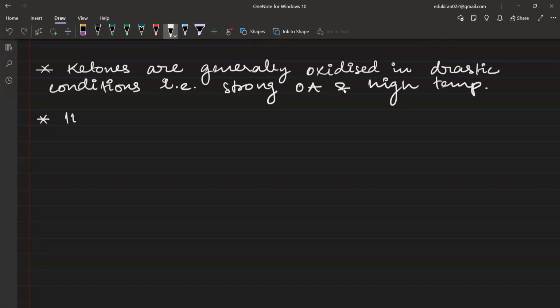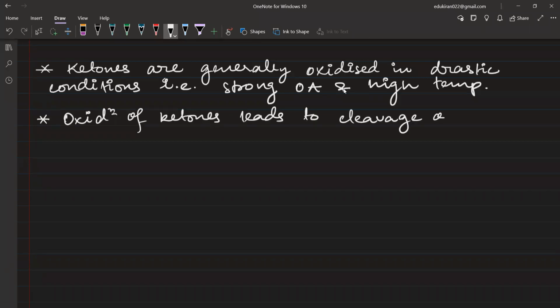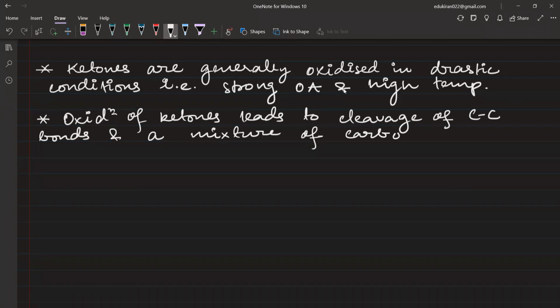Next point. Oxidation of ketones leads to cleavage of CC bonds, and a mixture of carboxylic acid is formed.